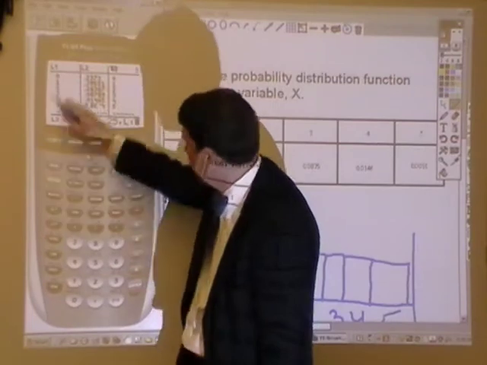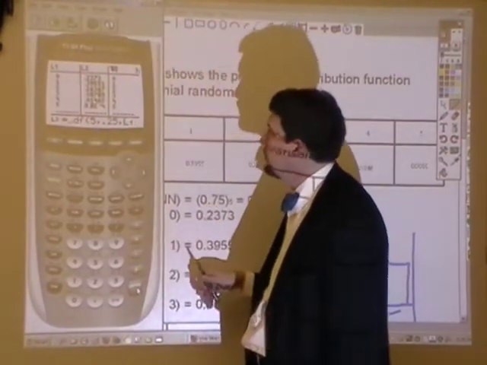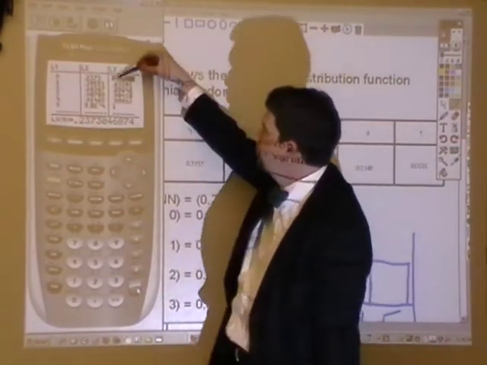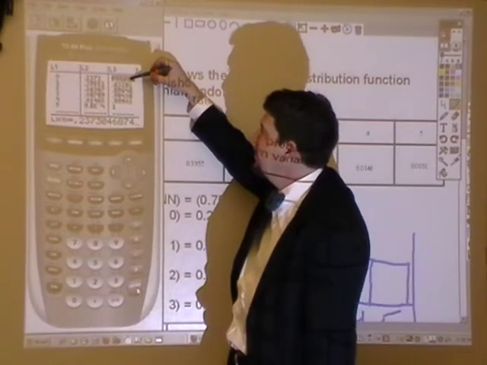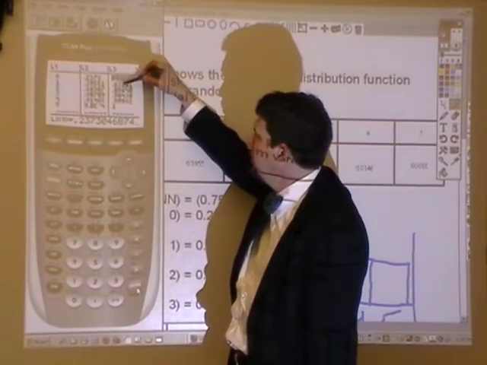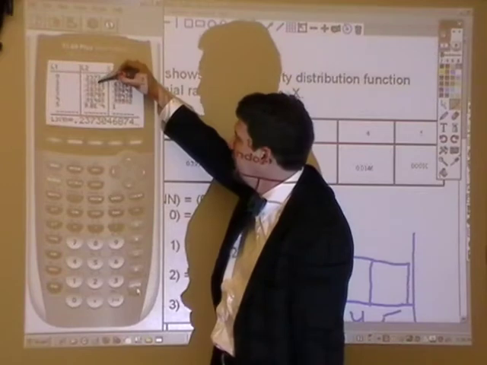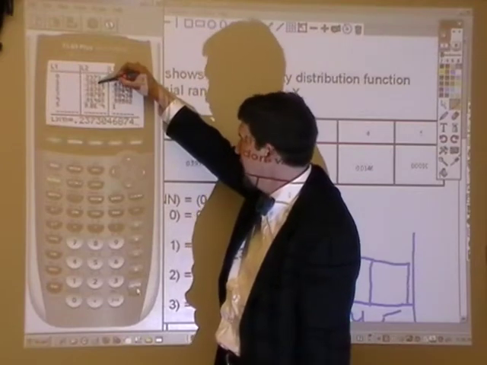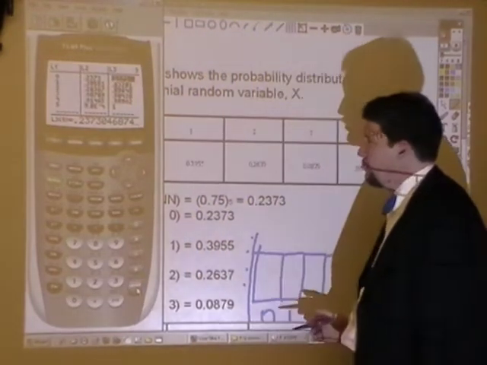There's the successes right there. They should match up. We're going to hit enter, and notice I get 0.2373 for my first one, and my second one is 0.6328, which is these top two values, 0 and 1, added together. Okay, super duper cool.